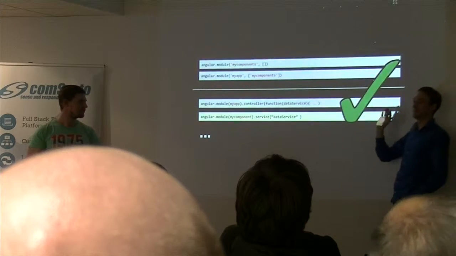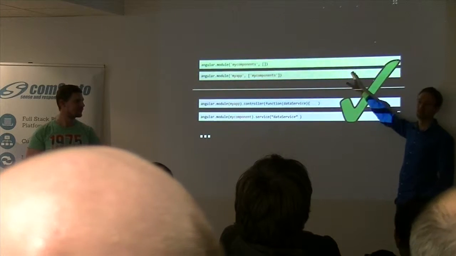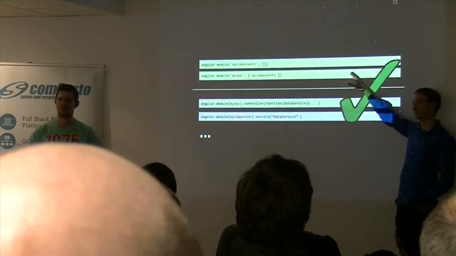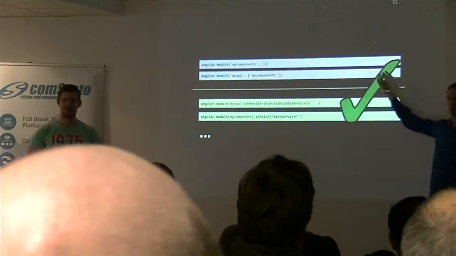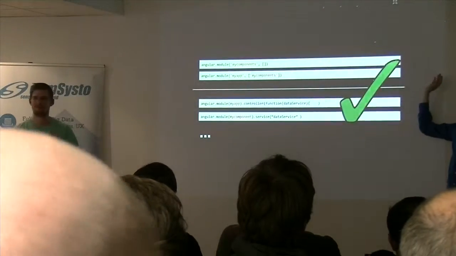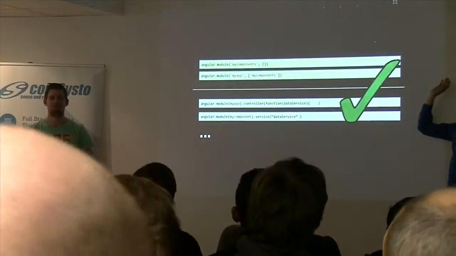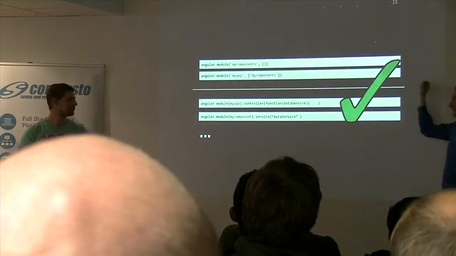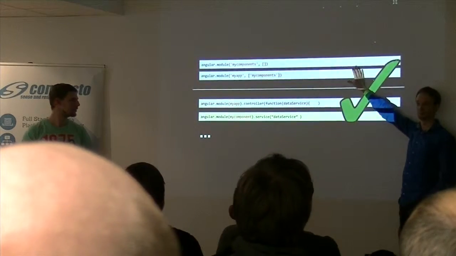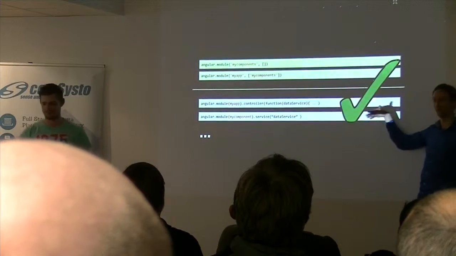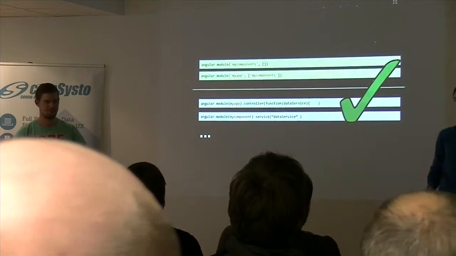Any idea about the name? It's about dependency injection. Who of you knows the Spring framework, or Java EE, or Guice? Yes, some hands. I would call this application context XML in the Java world, and this pattern is exactly the same transferred to the Angular world.